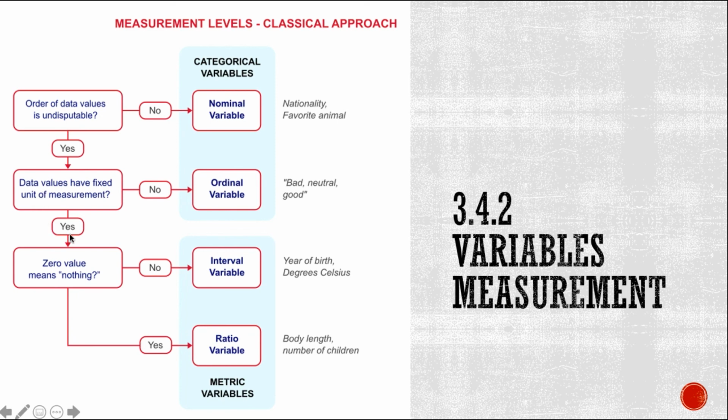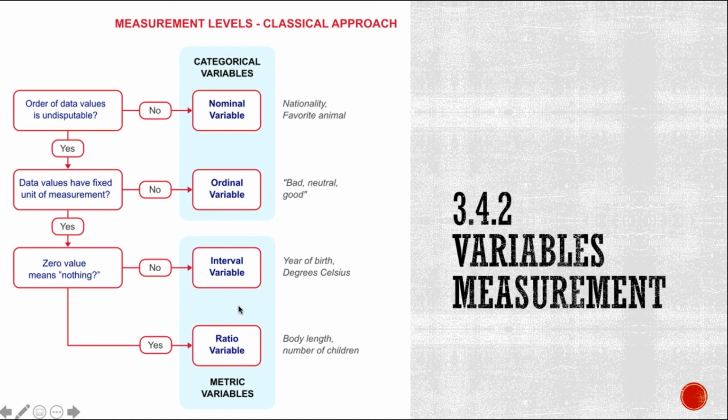But then you ask if the values have a fixed unit of measurement. If yes, then you ask whether the 0 value means nothing, or if the 0 value has meaning. If it has meaning, we go to the ratio variable, for example body length, or body weight, or whatever.